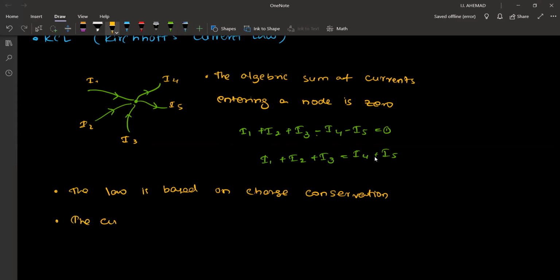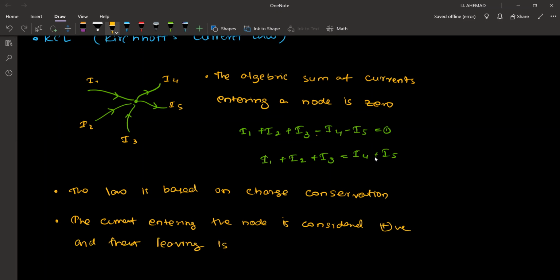The current entering the node is considered positive, and that leaving is considered negative, or vice versa.